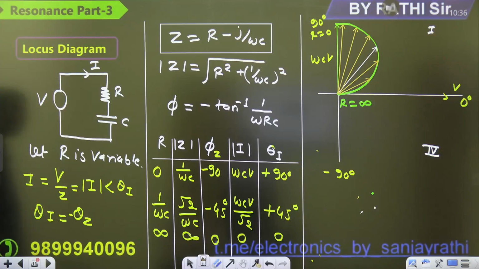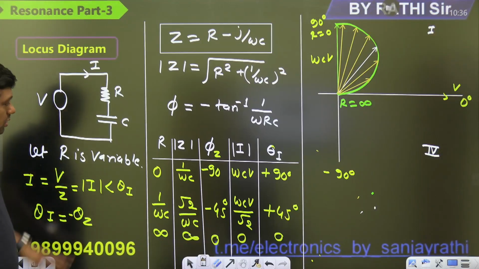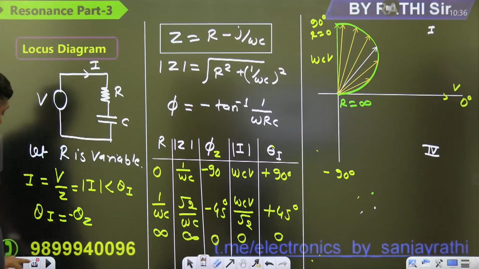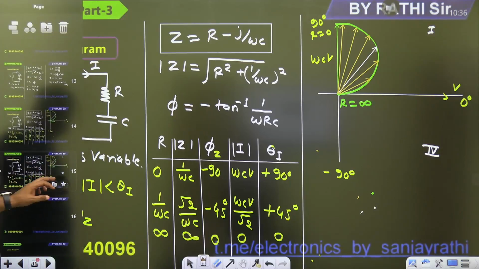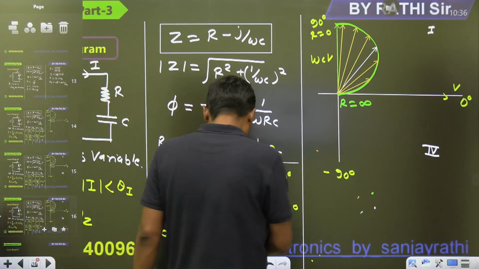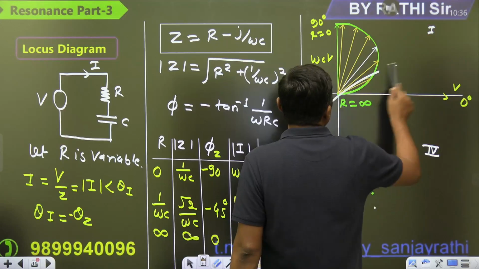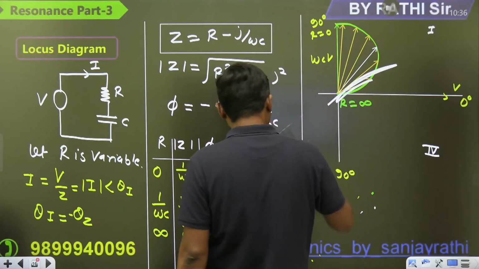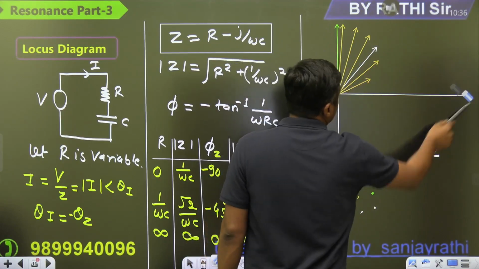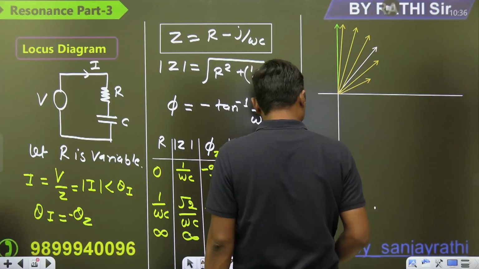Now, same formula, same variable, just you can plot what? Z here, because we have the value of the Z, phi Z. You can plot the Z. I am going to plot the Z. Just remove this one. This was the current phasor.